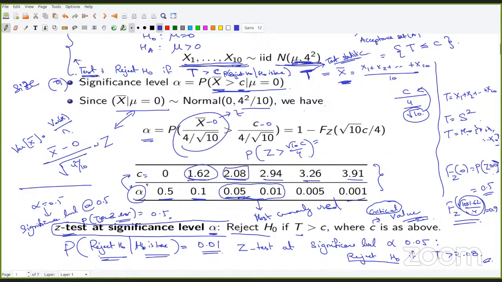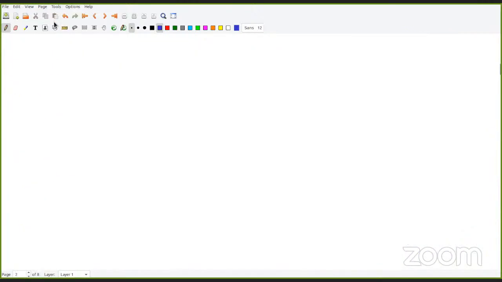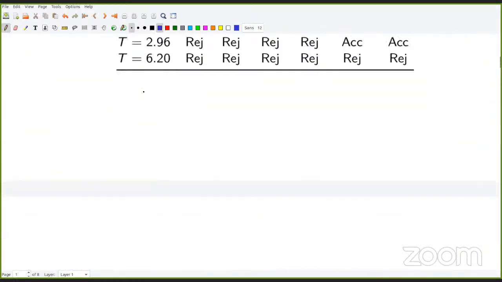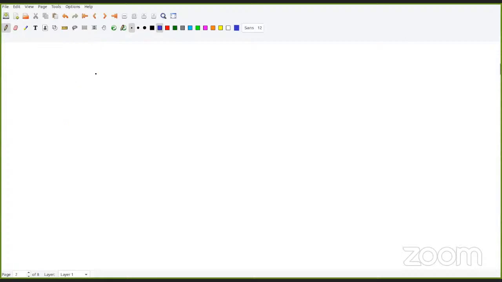If we have been given alpha, what you have to do is simply this. Here we got alpha is equal to 1 minus Fz of root 10 c divided by 4, correct? So suppose alpha is known.